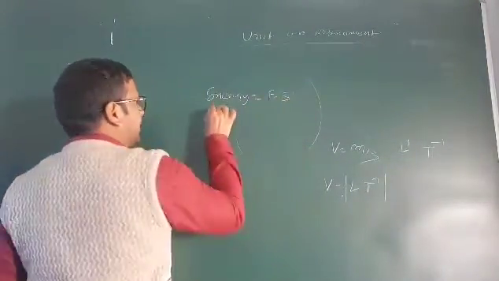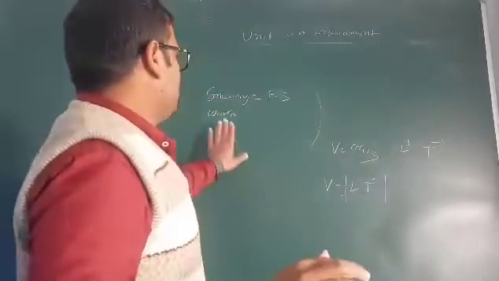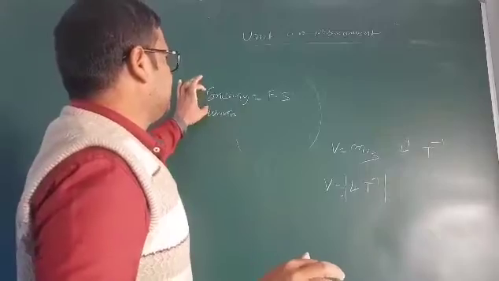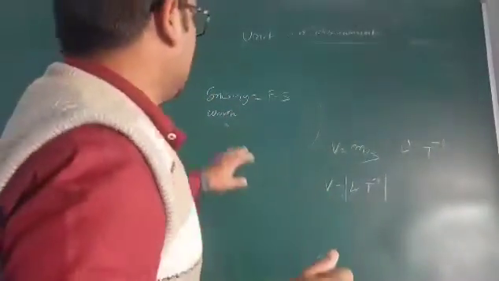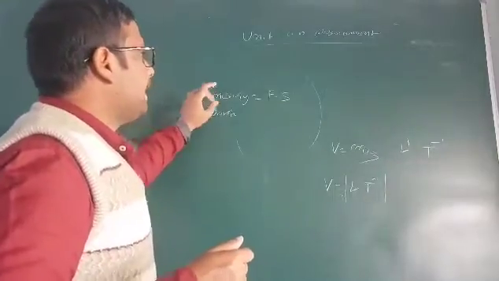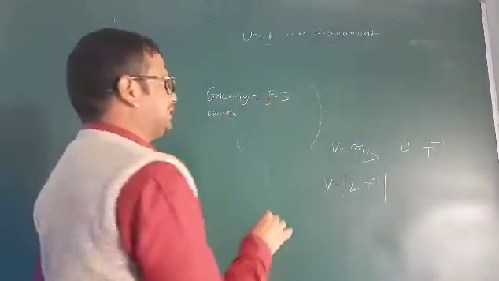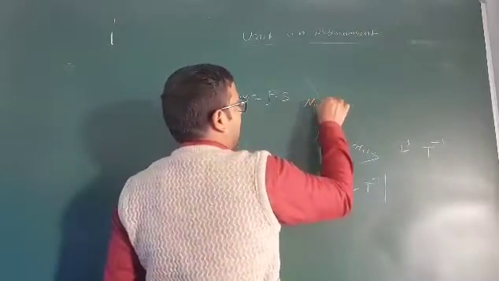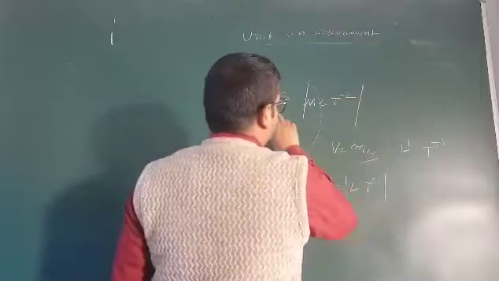So work done and energy are the same on the basis of their unit and dimension. They both have the unit joule. And what is the dimension of force? Force is mass into acceleration, that means M L T minus 2 is the complete dimension of force.